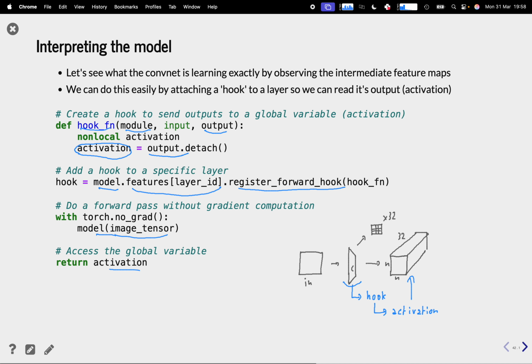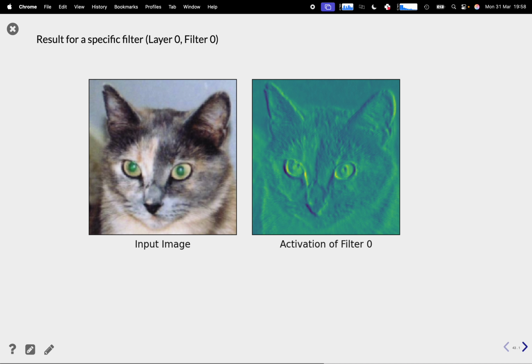And again, we'll get 32 responses if we have 32 filters. For one example, this cat, we take the first layer, first filter, and we're going to see what this filter is responding to. And what we can see is that it seems to respond very much to, can you see it?